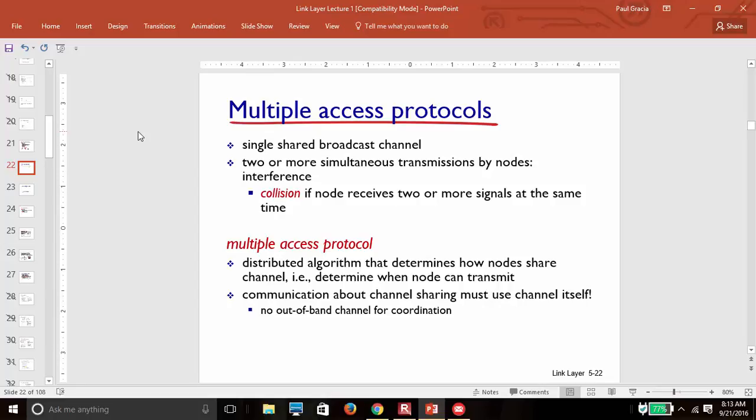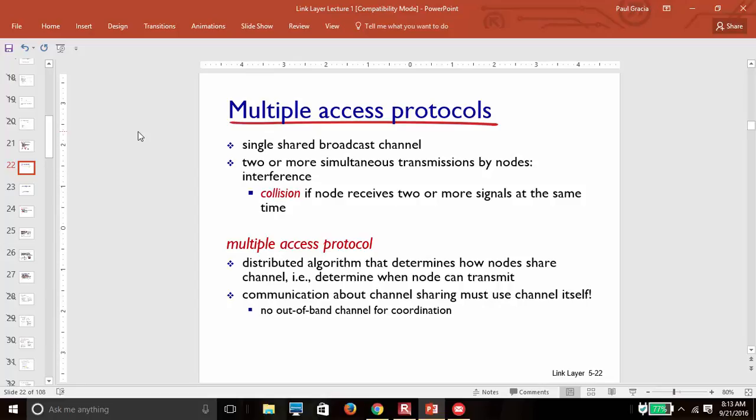They're both going to put the signal in the wire at the same time, so you have to have some way to deal with collisions. Because of that, you have to have some sort of multiple access protocol at the link layer. Basically, you have some sort of algorithm that determines when different nodes can transmit and when different nodes must wait.